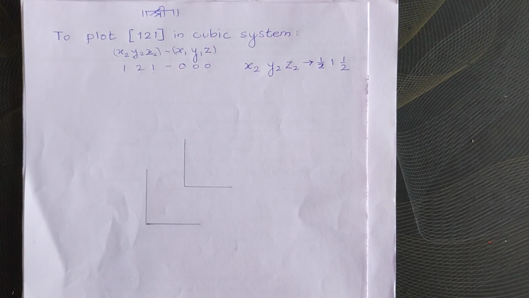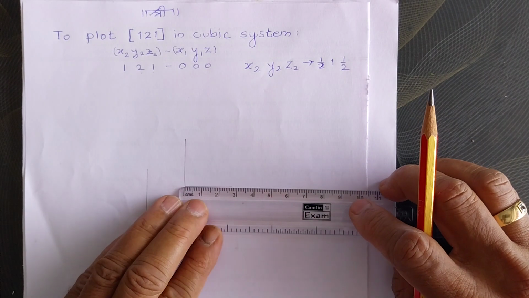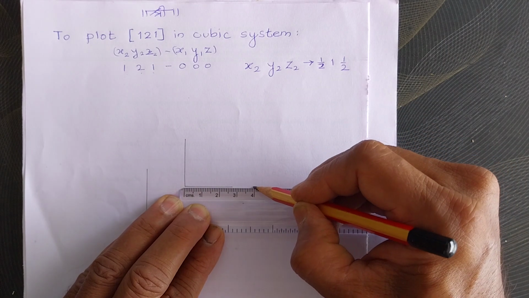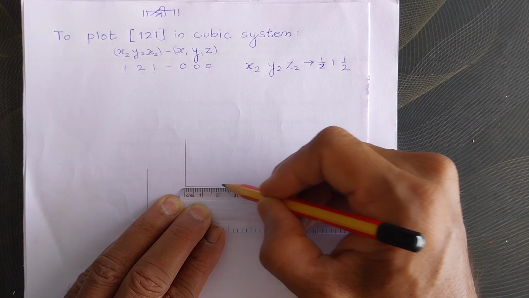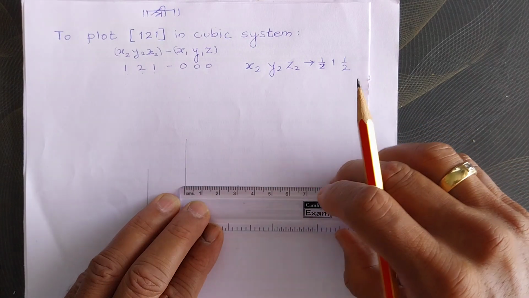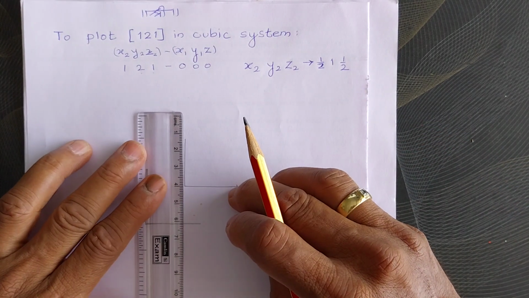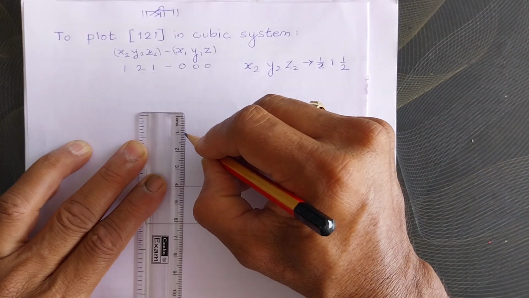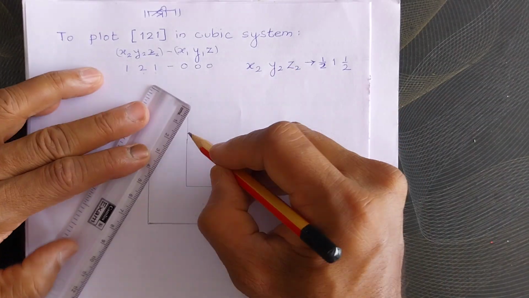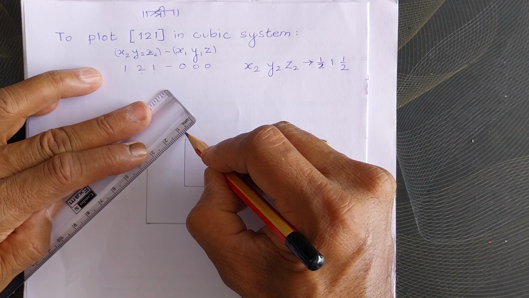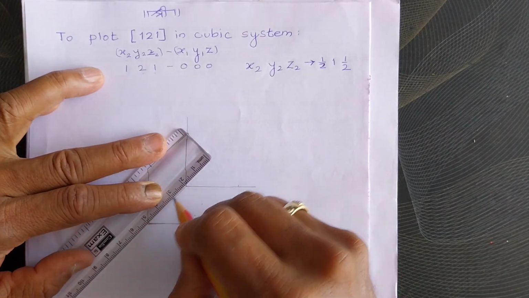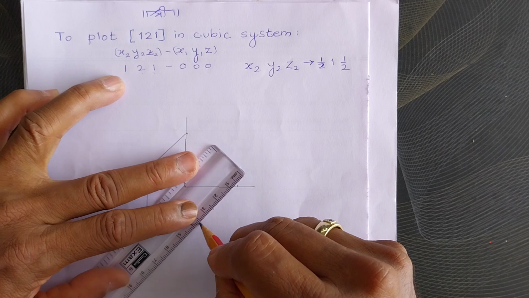We are going to draw a cube which is going to be 30 mm by 30 mm. So here this distance is 30 mm and here this distance is 30 mm. So this is going to be a cube which is 30 mm by 30 mm, and when we draw lines to join, we would be in a position to mark a cube.